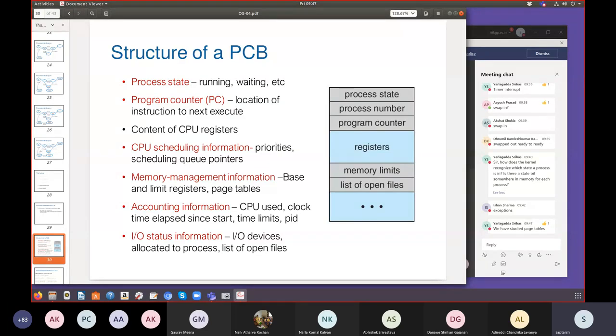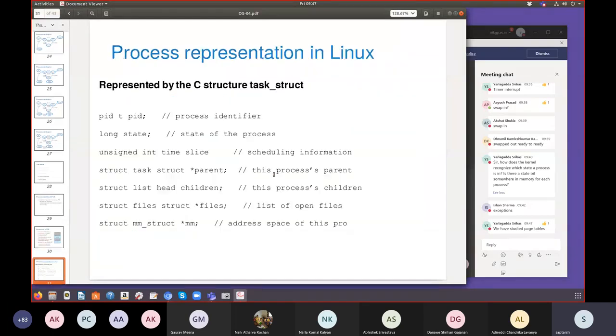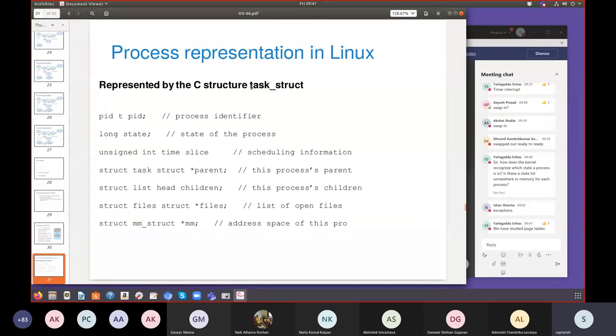Okay. And in fact, the kernel uses a structure like this called task struct, where it has all these fields. Like if you actually go down to some representative kernel code, you might see something like this. So process ID, PID. Actually, there is an underscore here. It's not coming for some reason. PID underscore T is a data type. I mean, it's a user-defined, what is that called?